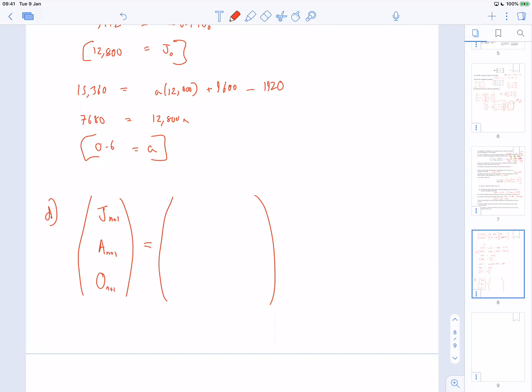And this is still going to be J of n. This is not J A of n. This is going to be J of n. This is going to be A of n. This is going to be O of n.